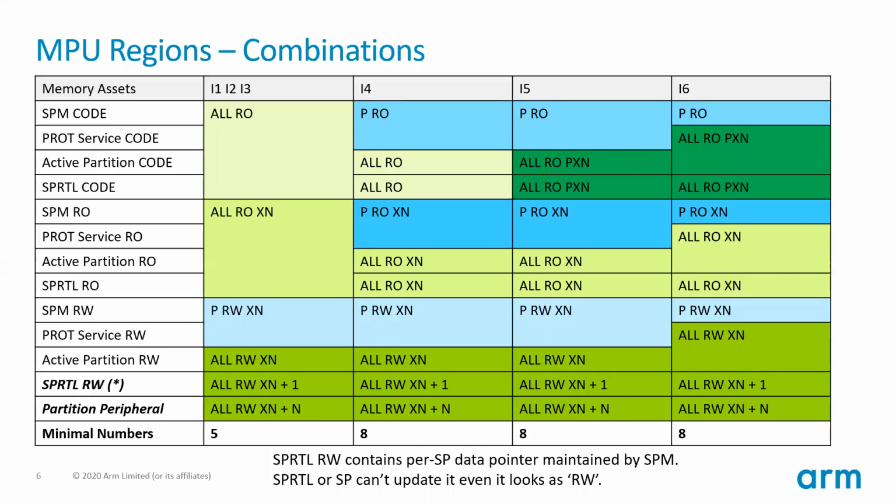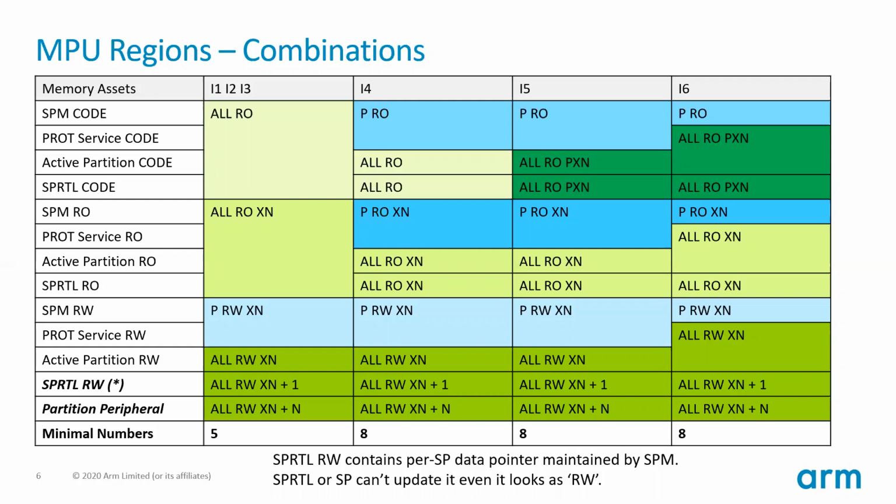The one who can change the variable is the SPM. So that section is mapped into a partition as read-only. Yes, and when you're in privileged state and you need to access it, the mapping might be switched to privileged read-write.